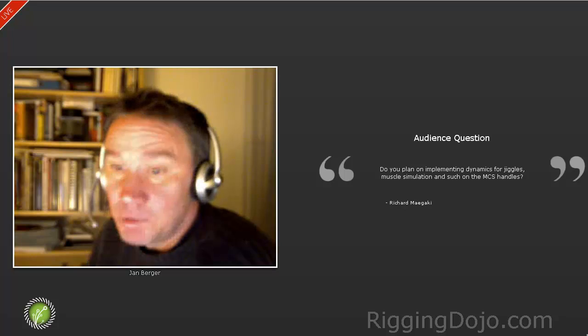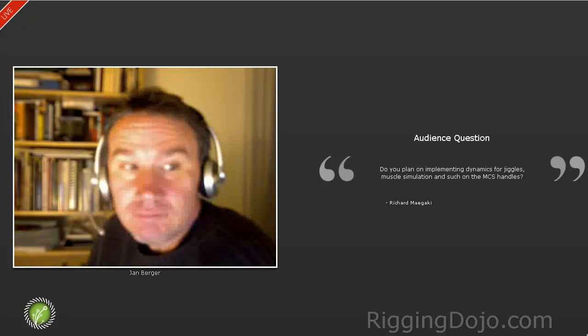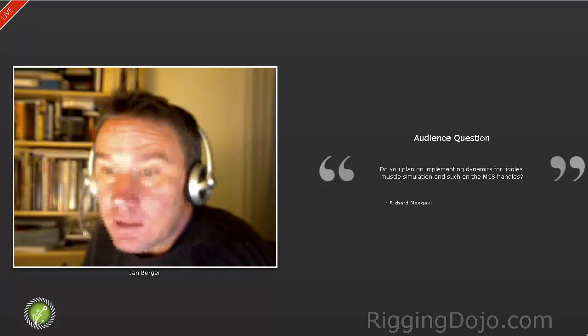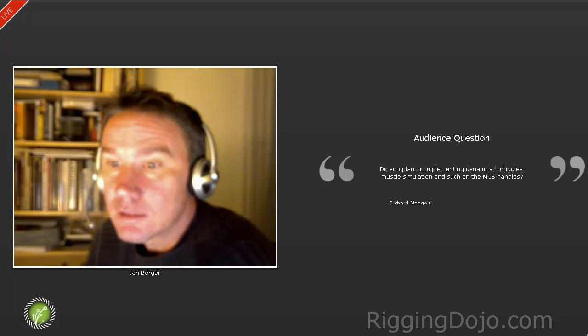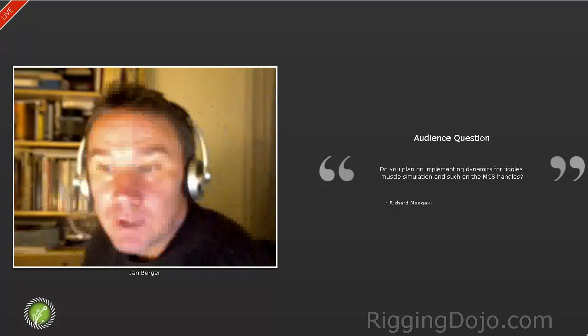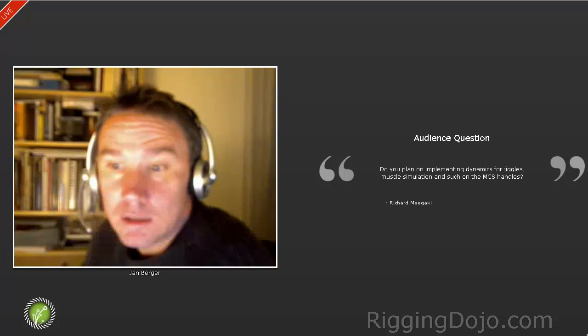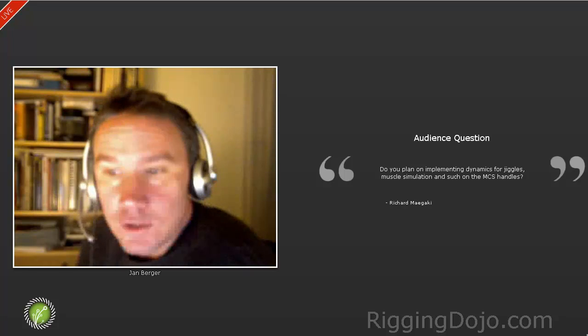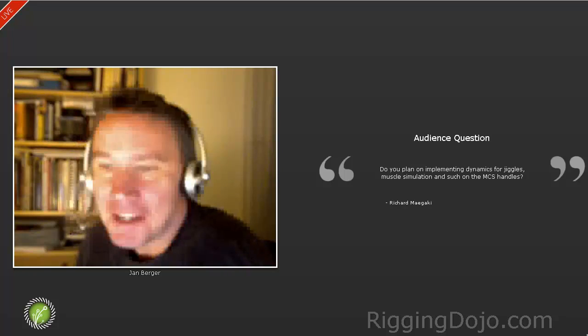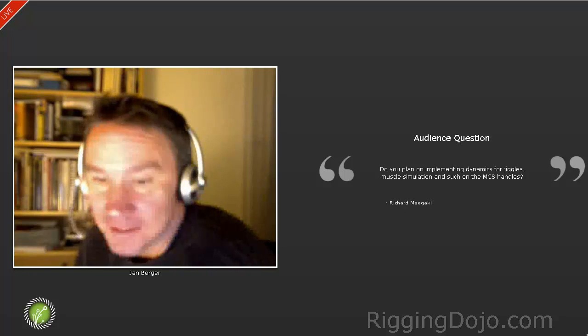I'm not trying to reinvent wheels. I have one user who recently did some muscle tests with MCS, just by putting Maya muscles on top of MCS. That seemed to work well, so it's already there. I have no plans yet to work on muscles.